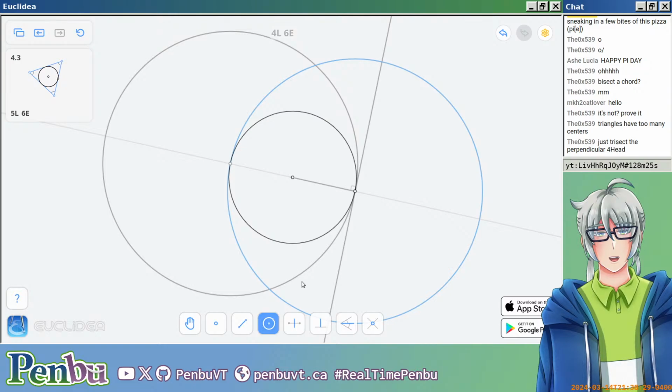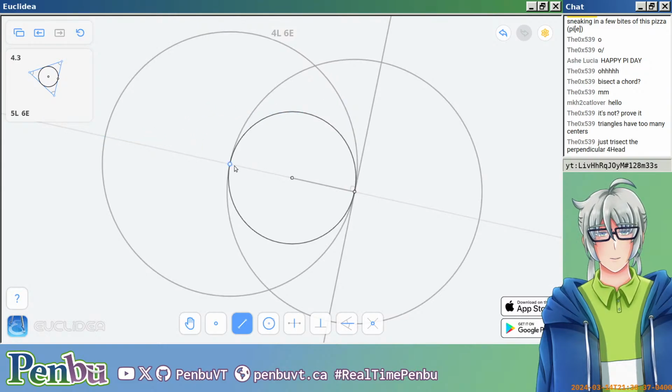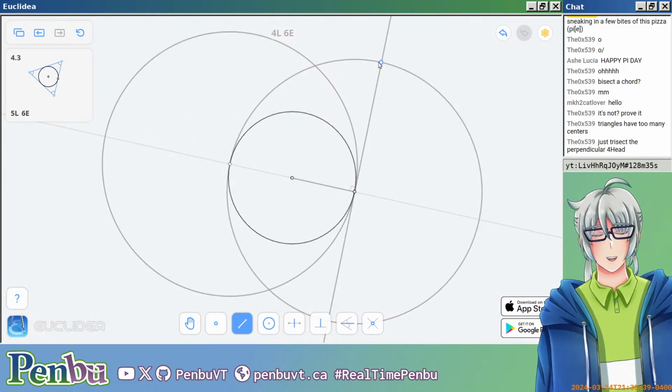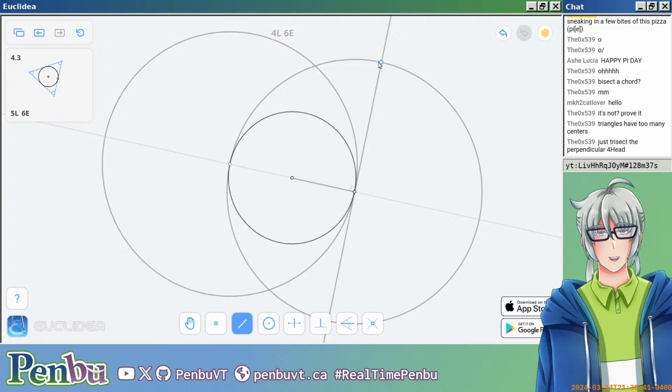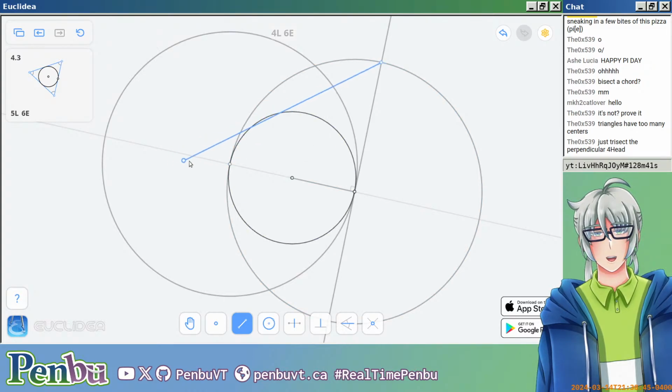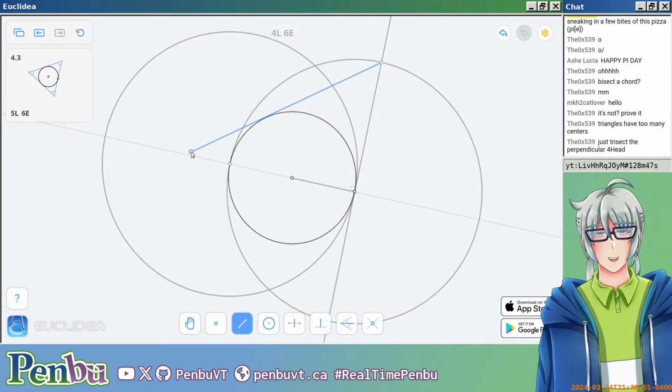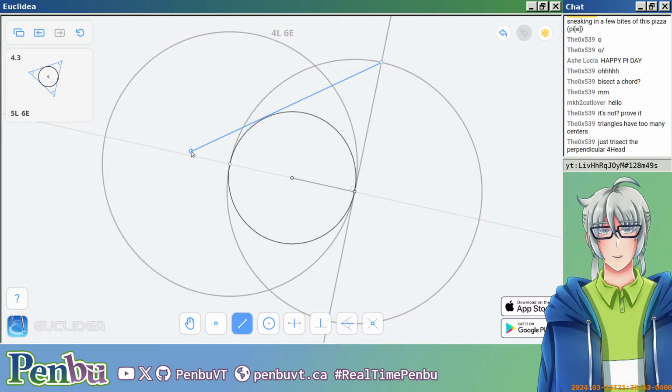We do this. Not quite what we had before. And then we find the tangents from here to here. Is there any way we can do that without having to draw more circles?